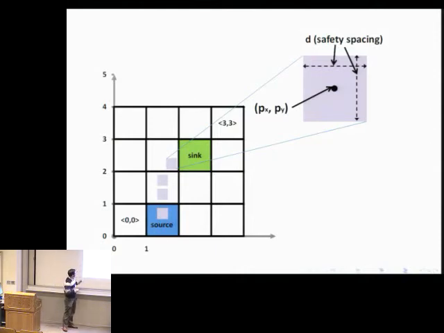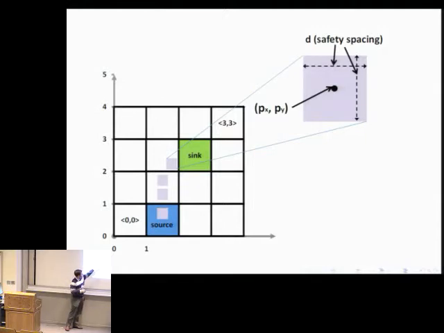This is the 2D real plane, and I have a grid of n by n cells lined up with indices from 0, 0 up to n. The physical entities are represented by these square boxes here.